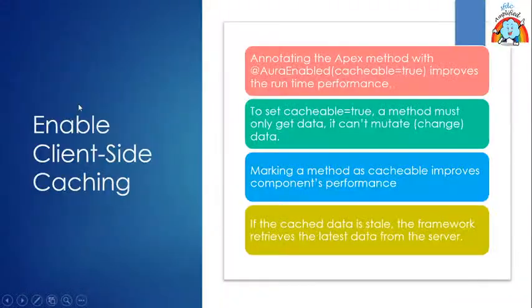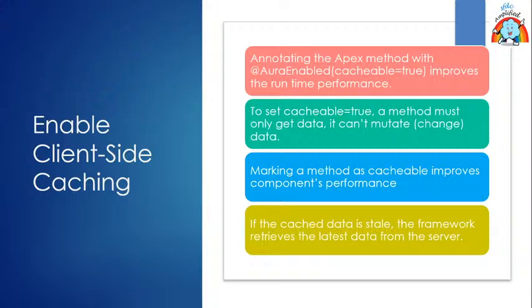Now we said that cacheable has to be true. What does it mean? When we write @AuraEnabled(cacheable=true), it improves the runtime performance of the component. Why? Because the data is cached in the client side storage, so it doesn't have to make the trip to the server again and again.